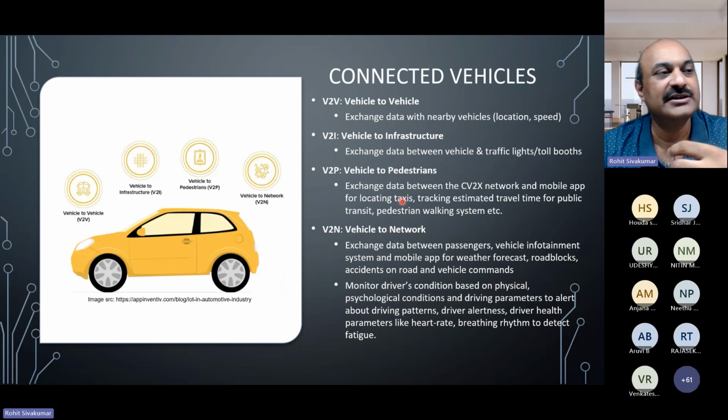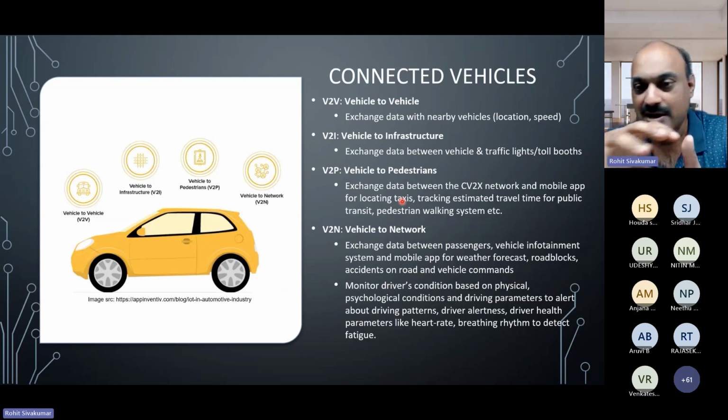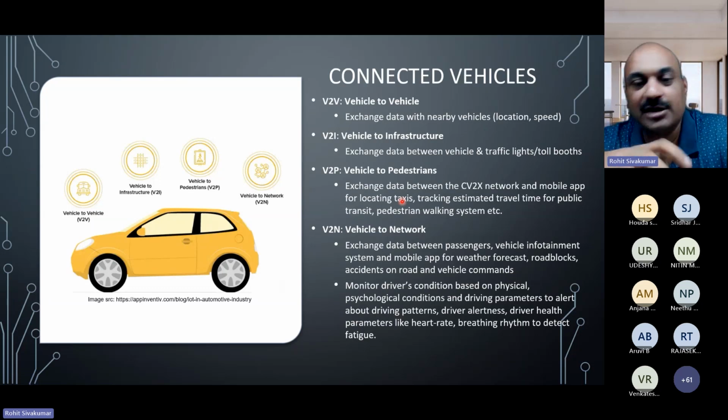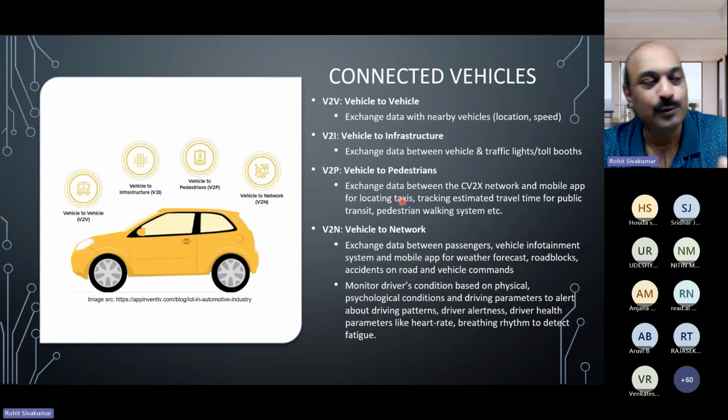Vehicle to pedestrians is basically, imagine having a mobile app and you're trying to scan the vehicles around. As of today, what we are generally habituated to is looking at the app. The app communicates with third-party service providers. They get the data from the vehicles and thereby you locate the nearby vehicles. But there are capabilities being built inside the car where you don't really need a third-party system.